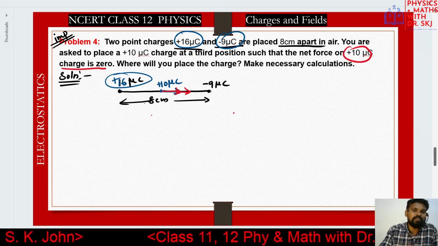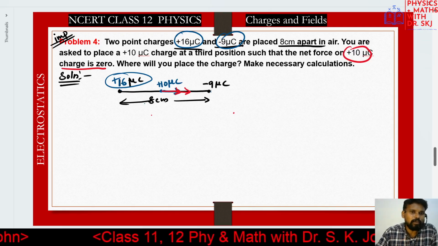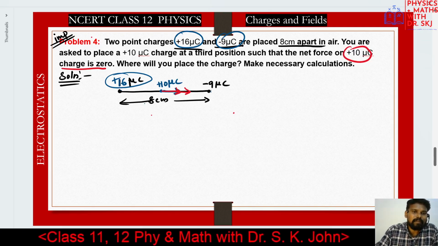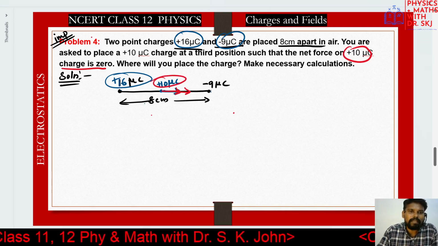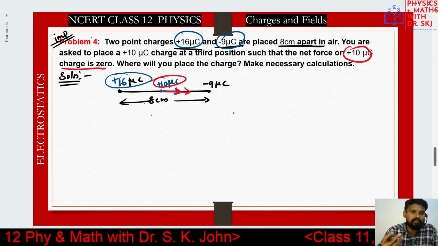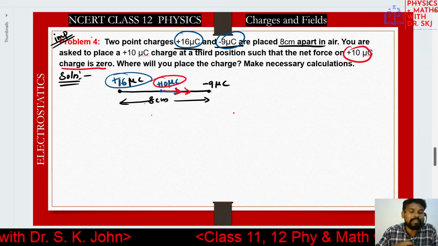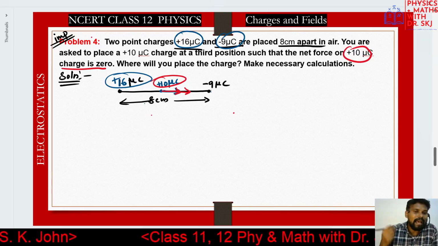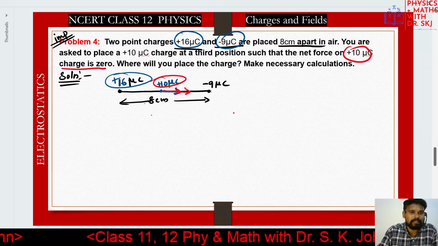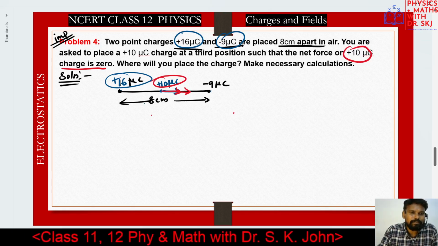Opposite means one is positive and the other is negative. So this is not possible. The plus 10 microcoulomb charge cannot come to an equilibrium, or the force on it cannot come to the zero value if it is placed in between the charges, because the forces will be added when it is placed in between the charges. So what is the next option?